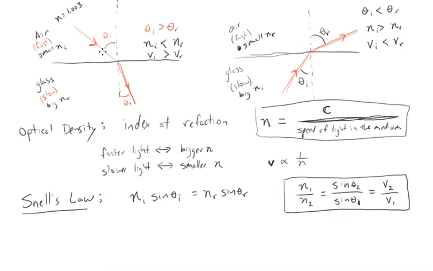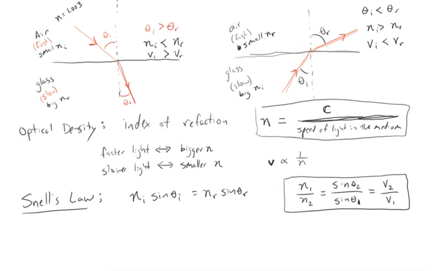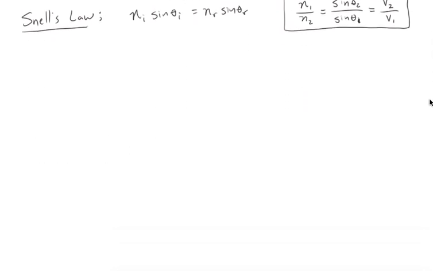And as this light would come in, it would bend over, and you could measure the angle you sent it in at and the angle that it refracted to, and you could figure out, using Snell's law, what the index of refraction of this material was, and then even plug it in and find out what the actual speed of light was in that material. Okay, the bigger the change, the more it's going to bend. So it just takes a little bit of practice with those, and you get pretty good at them. But that's the basic idea of it.